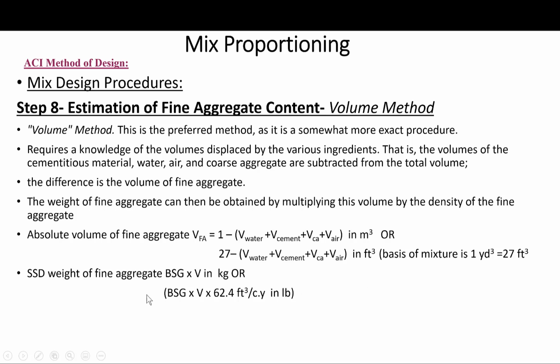As I said, the SSD weight of the fine aggregate is the bulk specific gravity times the volume times 1000 in kilogram, or the bulk specific gravity times the volume times 62.4 in pound units. After we find the volume, we find the weight here. We're talking about SSD weight. If we need to convert to OD weight, then we do the procedure we described before.